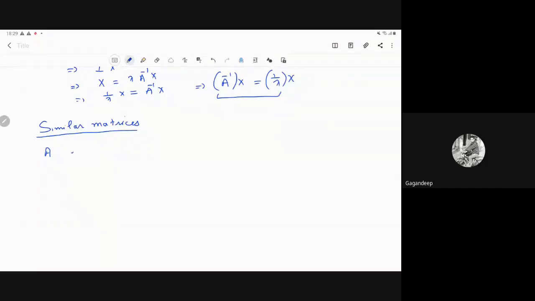It is said to be similar to a matrix B if there exists a non-singular matrix. Non-singular, you understand? With determinant non-zero means an inverse of the matrix is guaranteed.